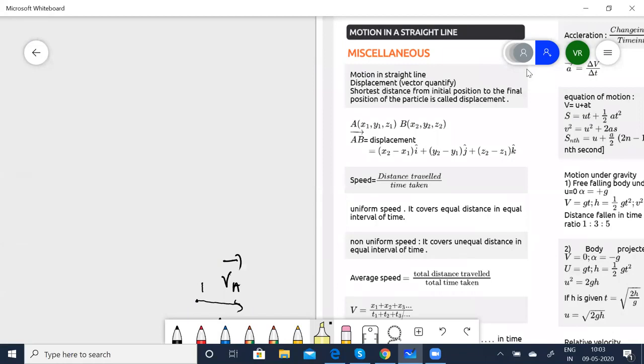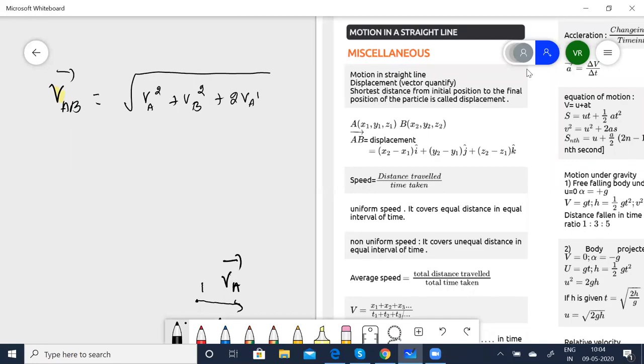Okay, so determination of relative velocity of A with respect to B, I can also write it as VAB vector, is equal to root over VA squared plus VB squared plus 2 VA VB cos of 180 minus theta.